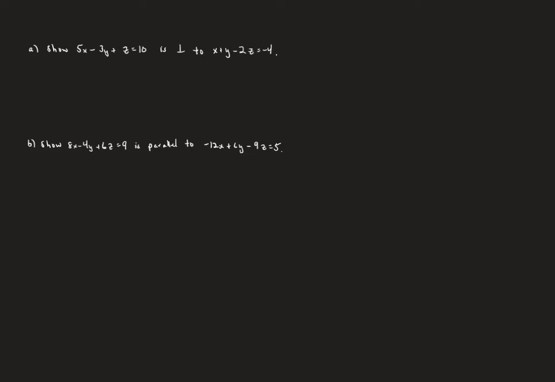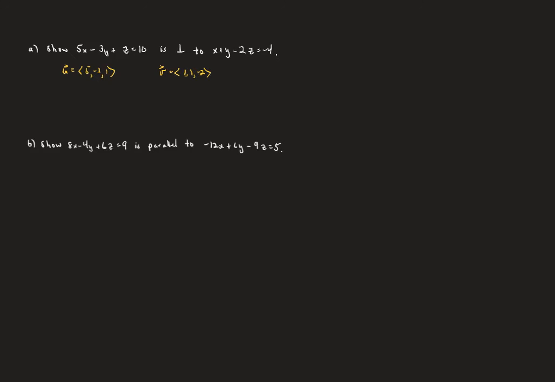So if the planes are going to be perpendicular, that means their normal vectors must be perpendicular. So our normal vector to the first plane is that ABC, the 5, negative 3, 1. And the normal vector to the second plane is going to be the 1, 1, negative 2.